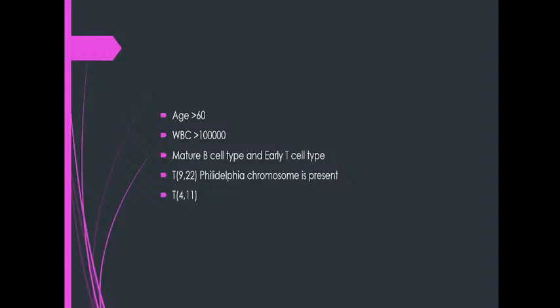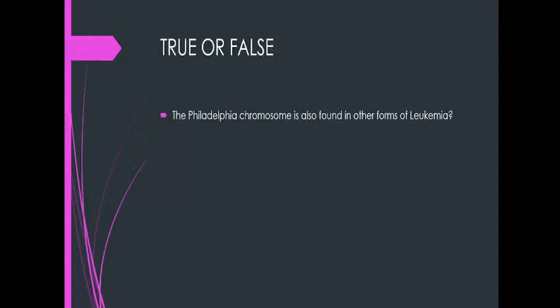Bakit ganon? May Philadelphia chromosome dito sa ALL. Well, you're going to see it as well in AML. We're going to be specific later on. But there's a true or false question here: the Philadelphia chromosome is also found in other forms of leukemia. Yes, it is found also in patients who have CML, chronic myelogenous leukemia.